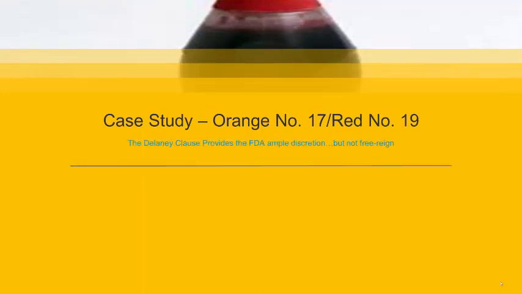And the Delaney clause has come up in a few cases. One of the interesting ones is Orange No. 17 and Red No. 19. What happened when we had the 1960s Color Additive Amendment, there was a massive amount of coloring products on the market. I think the number was like 200 to 300 at the time. There's nowhere near that number now, so that gives you a sense of what happened.